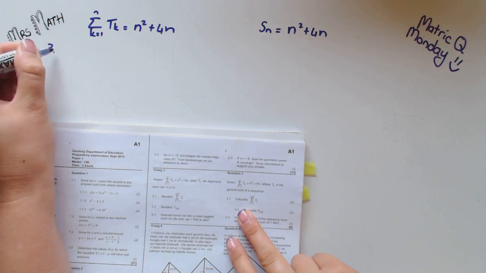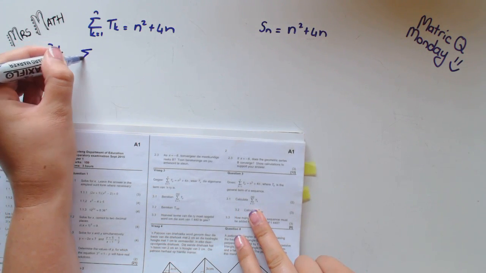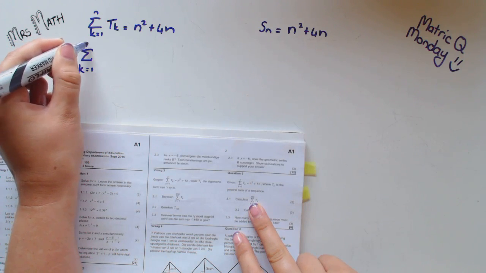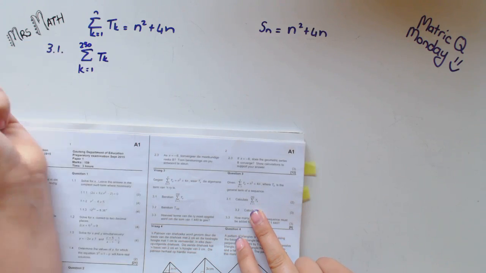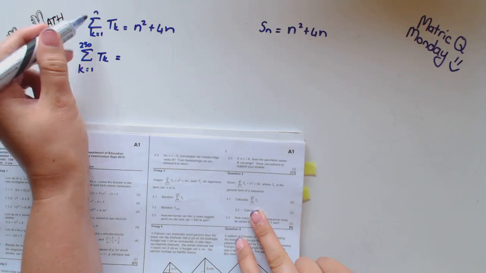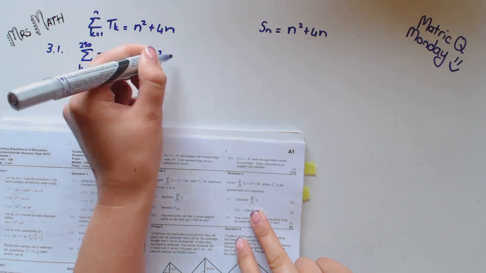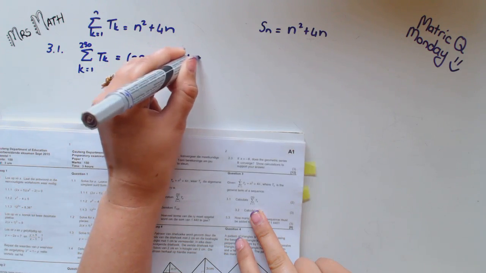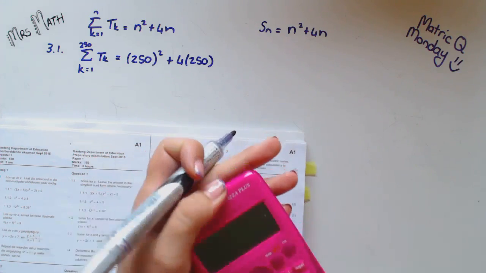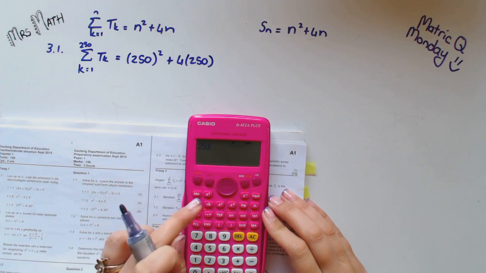But then in question 3.1, they want me to calculate the sum of tk from k equals 1 to 250. Now I can just use my n, you see, is now 250, so I just substitute 250 in there. 250 squared plus 4 times 250, and I can take my calculator and just work that out.